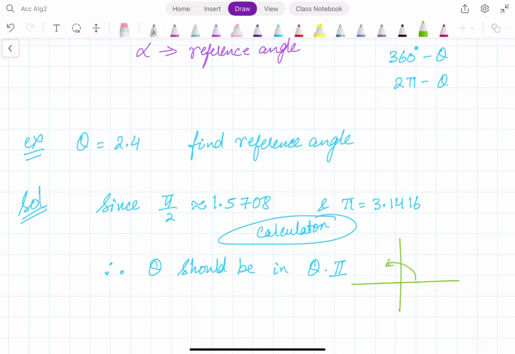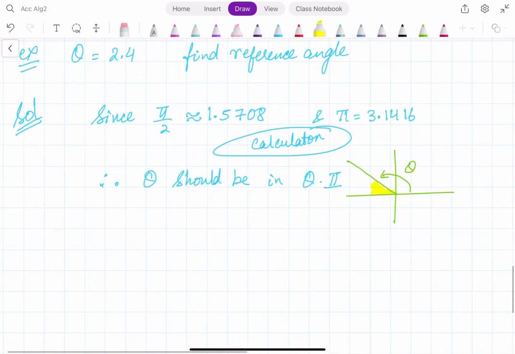So if I construct it, always make a rough sketch of the angles. It will give you a good idea. Now, what is left over? This shaded area is left over. So pi minus 2.4.